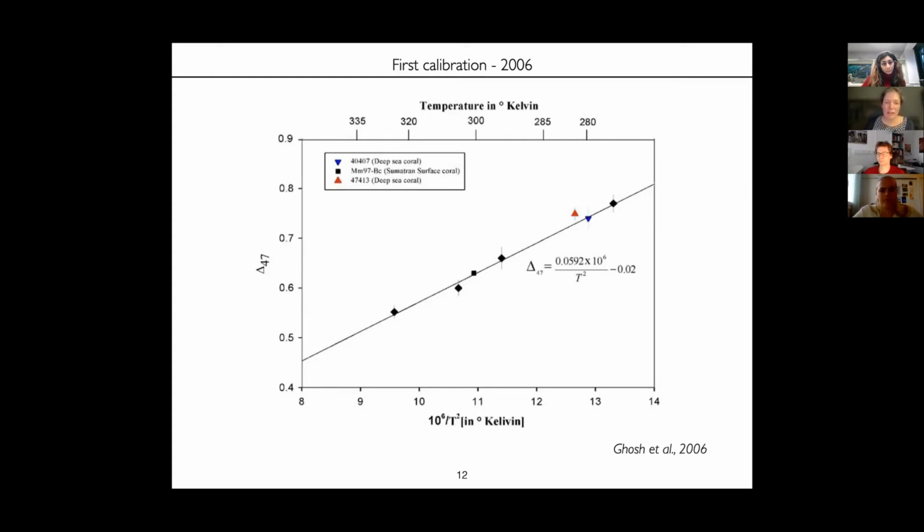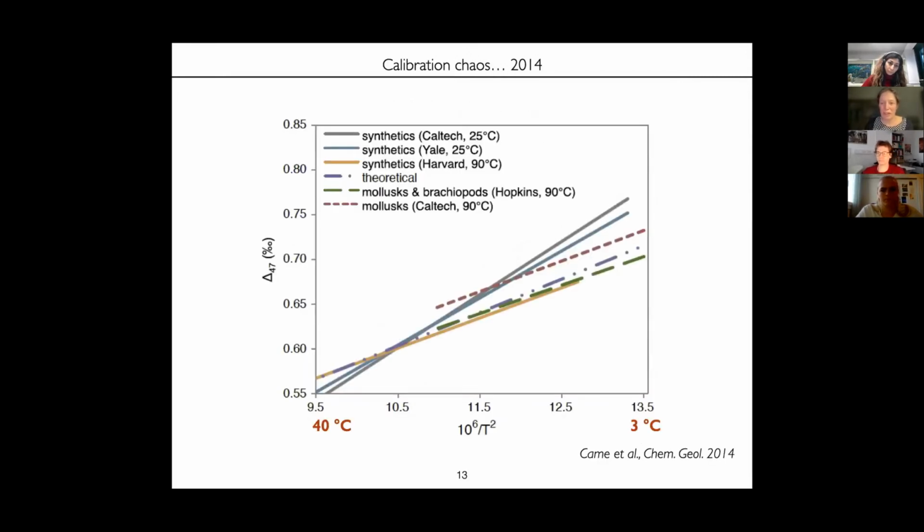I don't want to hide that in the years following that, I would say the last 10 years or so, the clumped isotope community has struggled, with more and more labs coming online and deriving different calibrations. So there's been a long period of time where there's been a bit of a calibration chaos, if you want, with different labs working with slightly different analytical setups and on different materials, each deriving their own calibration, some of them different calibrations for different materials in the same lab, that did not agree.